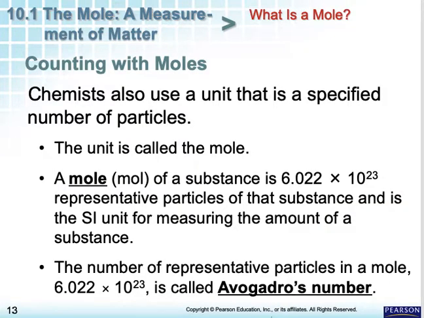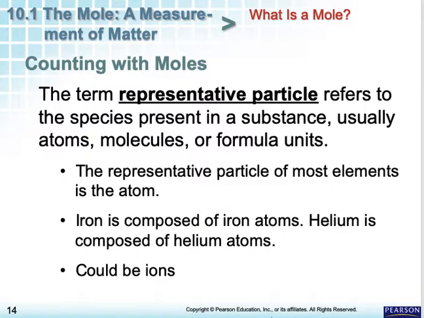So we are going to use the mole as our unit of a substance, and that's going to be Avogadro's number of representative particles, 6.022 times 10 to the 23rd, and that is our SI unit for measuring the amount of a substance. The term representative particle could be something like an atom.